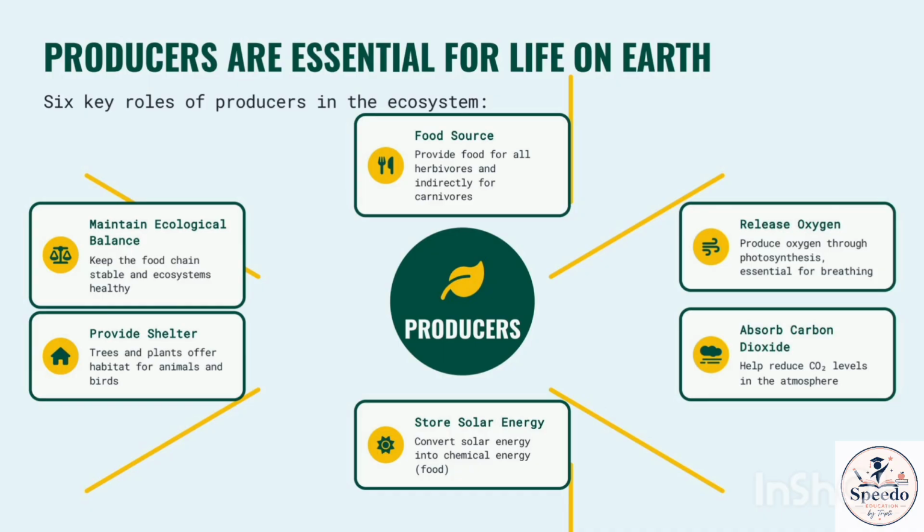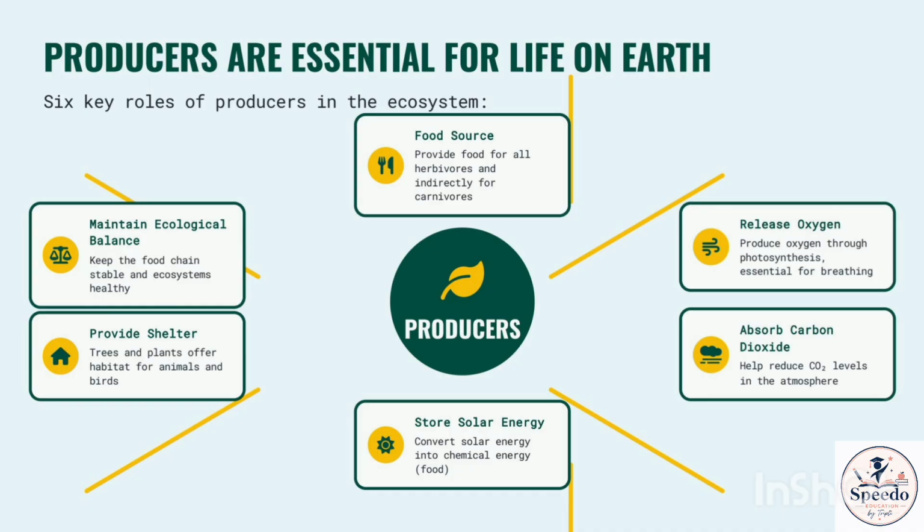Importance of producers. Now let's understand why producers are so important. Producers are often called the foundation of every ecosystem because they are the only organisms that can convert solar energy into food. Let's look at their importance one by one. First, producers are the primary source of food. Every food chain begins with producers.